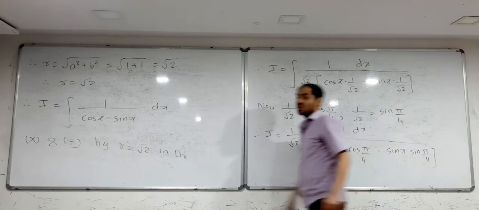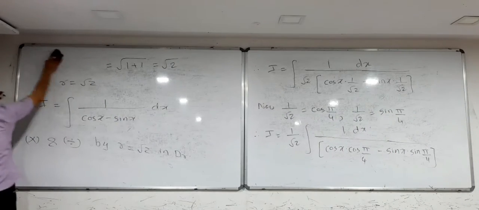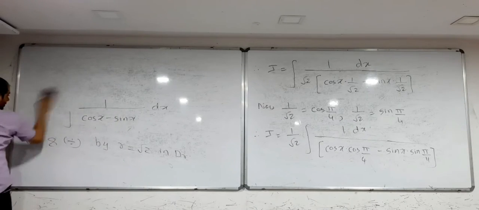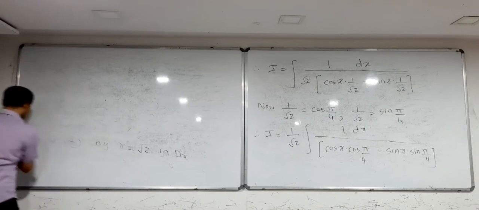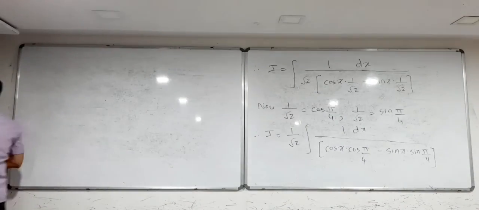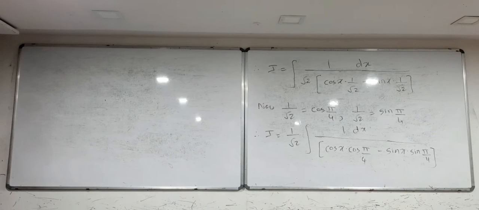Finished. So which formula is this? cos a into cos b minus sin a into sin b is cos of a plus b.